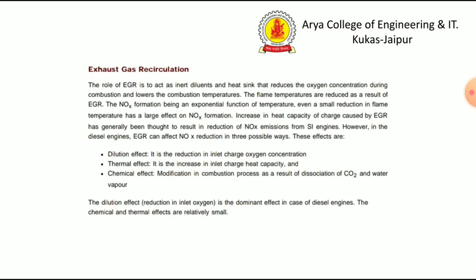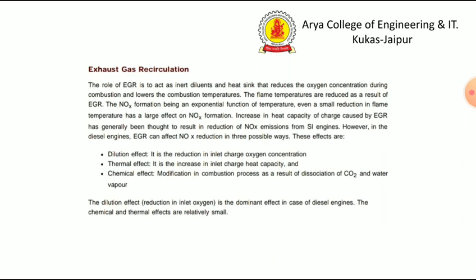The effect of exhaust gas recirculation: it acts as an inert diluent and heat sink that reduces the oxygen concentration during combustion and lowers the combustion temperatures. It affects through the dilution effect, thermal effect and chemical effect.